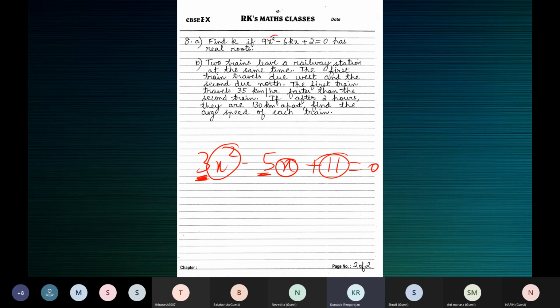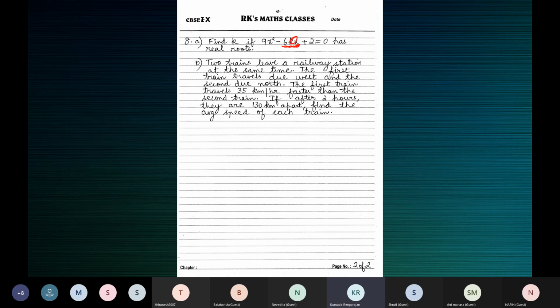But here you see x squared and the number 9 before that. You see x, but then 6k, which should be a number entirely, like 6 into 1 or 6 into 2. K should take some number there, because the coefficient of x is 6k.